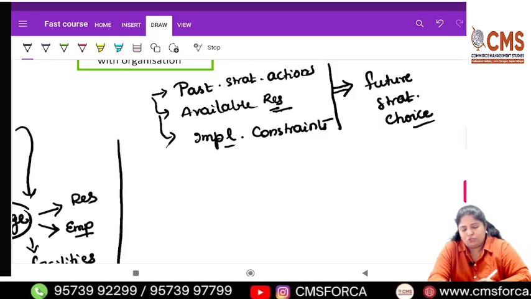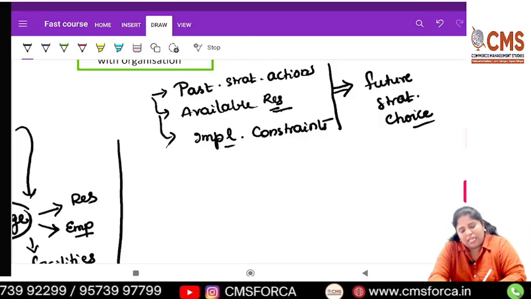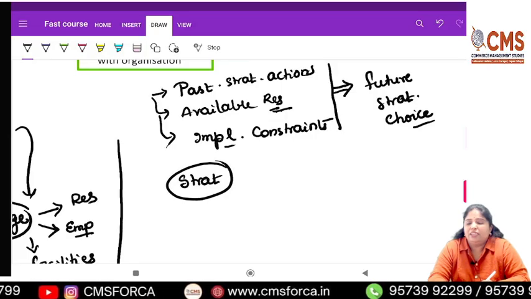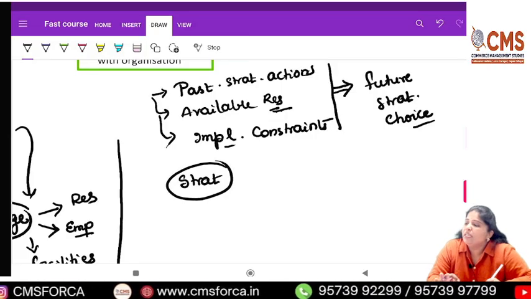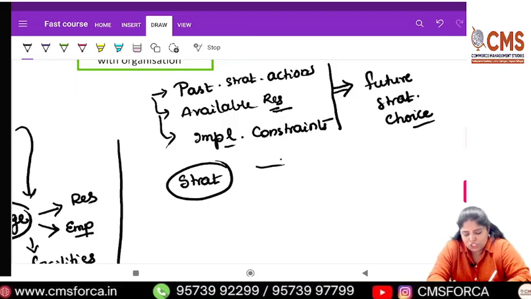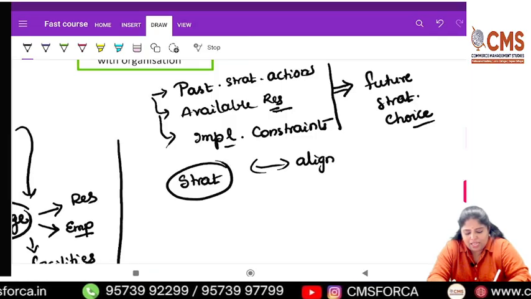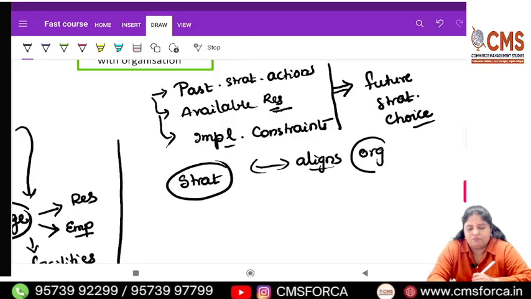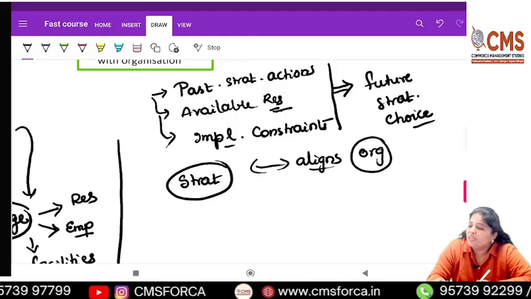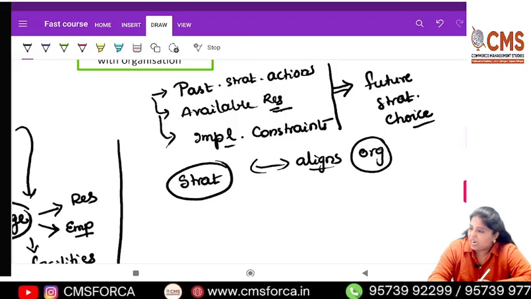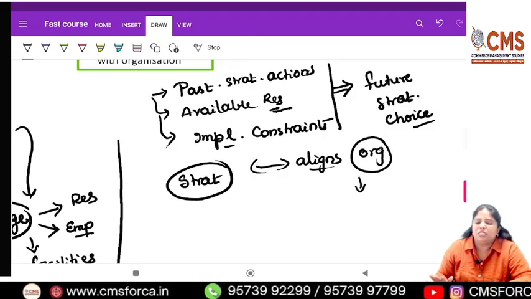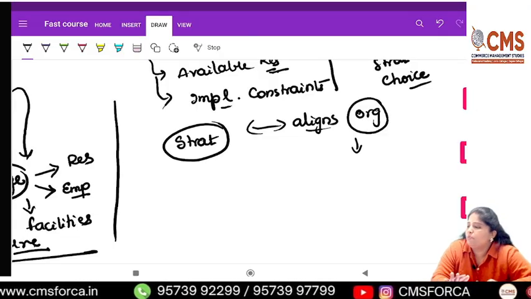So what they try to do is, first of all, come up with a strategy that doesn't demand any massive changes in the organization. They make sure the strategy aligns with the organization. Even if some gap is observed between strategy and organization, they don't make all the changes at once.